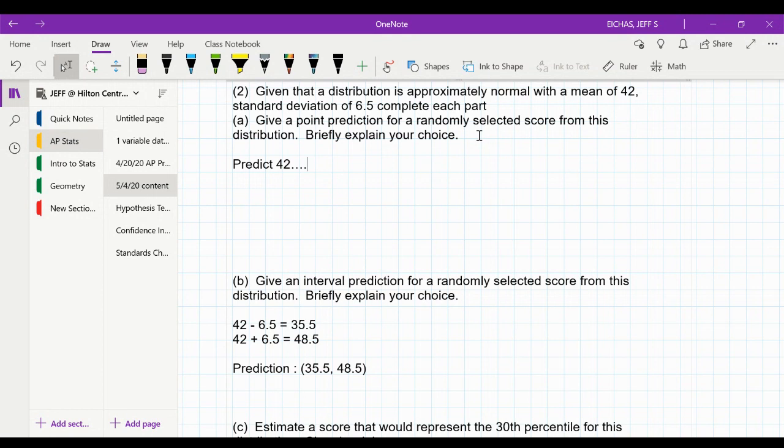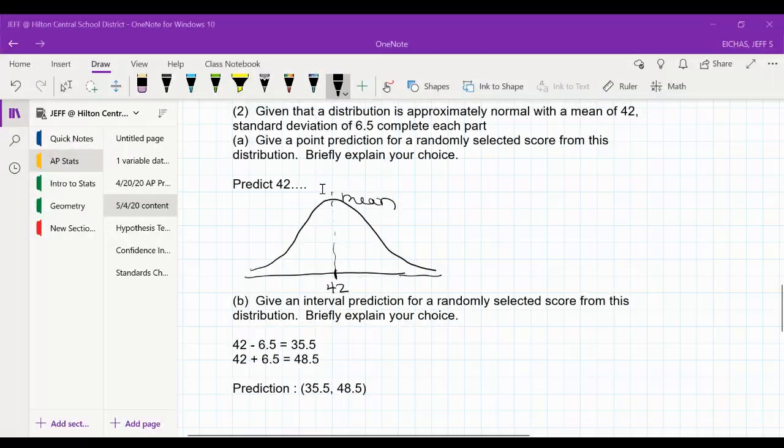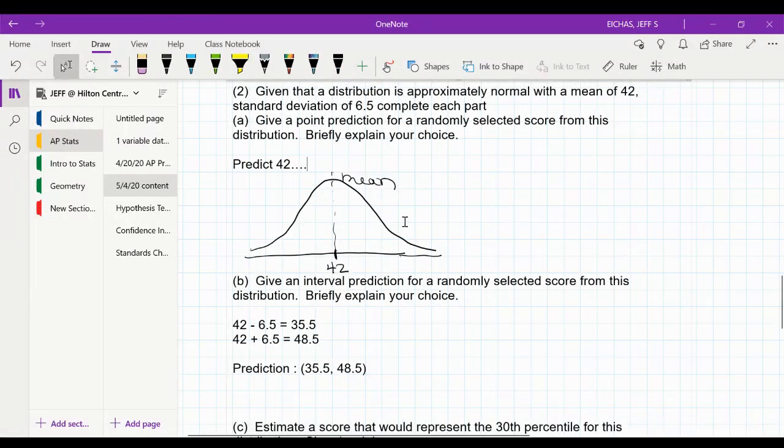So if I have a normal distribution, think about it, that highest frequency of scores is in the center, right where 42 is. So in a normal distribution, the mean is right in the center of that hill. So that would be our best guess. The most scores are at or near 42. Okay.